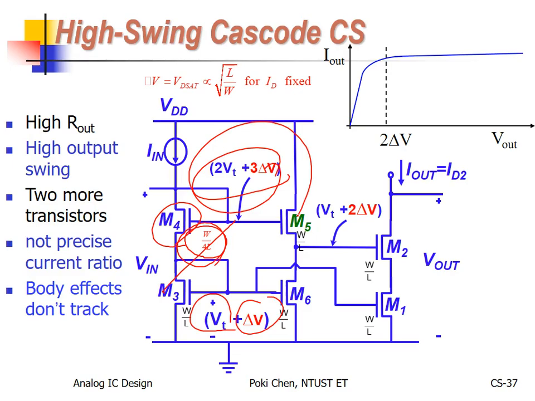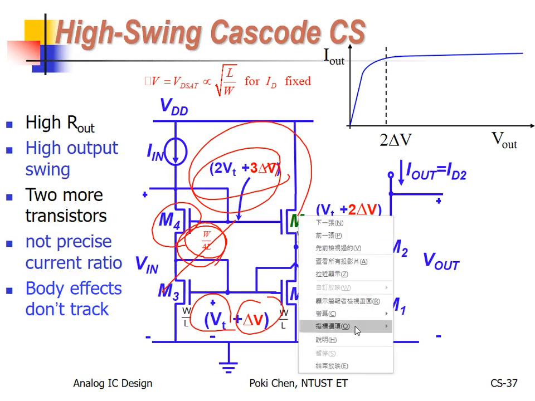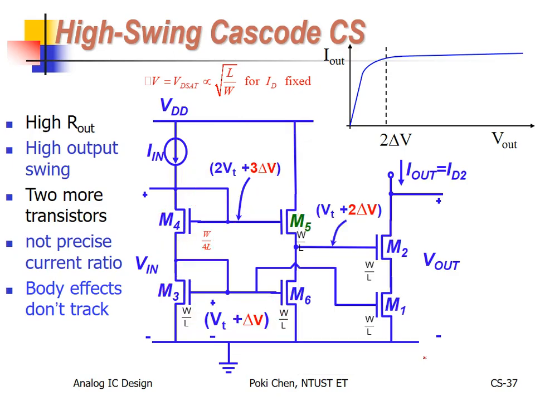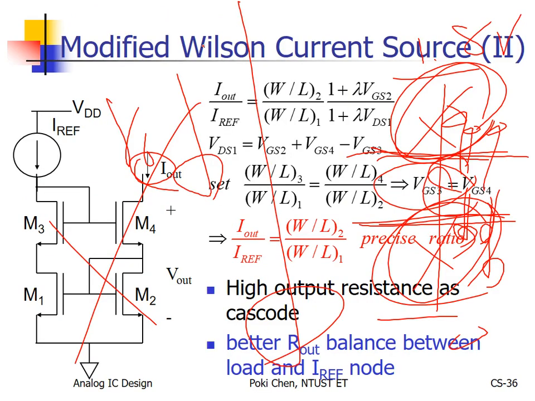But what is the problem? The problem is body effect. For such cascoding, we call it high swing, because the output swing can be 1 VT larger than regular cascode.